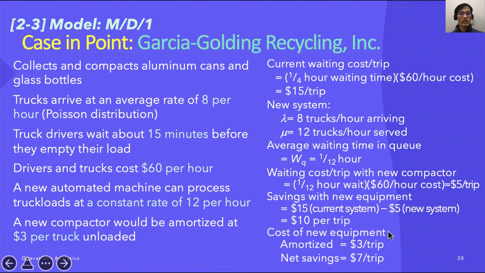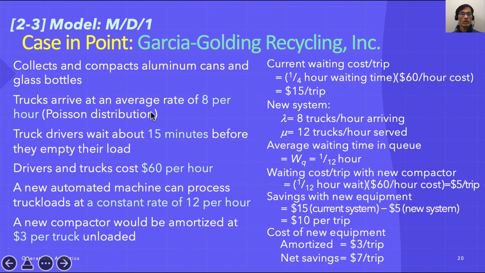And the cost of new equipment, we subtract this $3, because it says that it is amortized at $3 per truck unloaded. So you have to subtract $3 from 10, then it gives you $7 per trip. So you can save about $7 per truck, and for an hour you are serving 12.